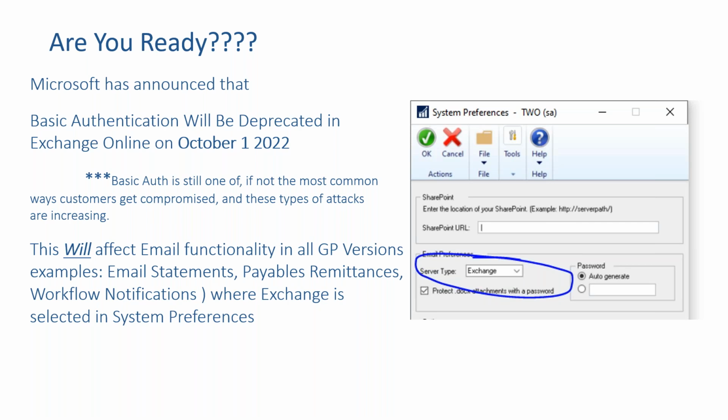And I think the key there too is that you want to be aware of any third parties or any other things that you have that are using email, because those could affect that. So that's a case where you'd want to reach out to us and make sure.